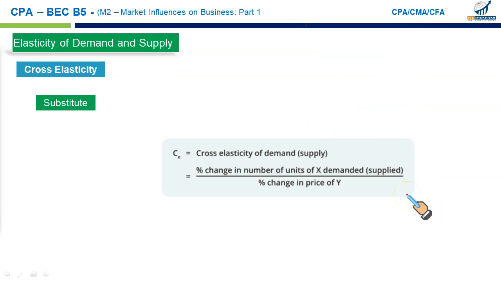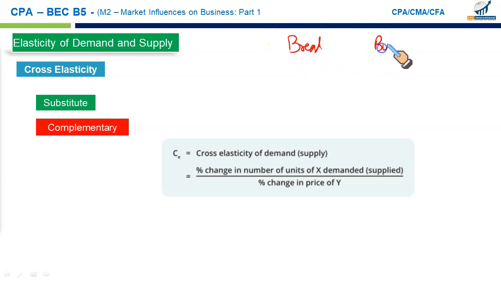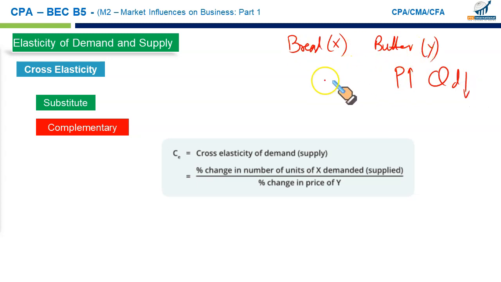Now let's say two products are complementary, which are jointly demanded, like bread and butter. When you calculate their cross elasticity, the result will be a negative coefficient. Let's call it X and call it Y. These items are jointly demanded. If the price of butter goes up, people will demand less of butter, and since butter and bread are jointly demanded, the quantity demanded of bread will fall.